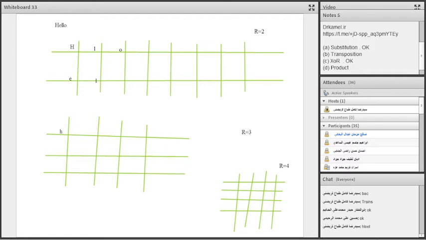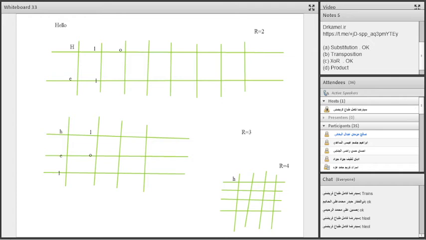With R equal to 3, it becomes H and then E and then L and then L and then O. So it becomes HLEOL. This is another way of encryption.